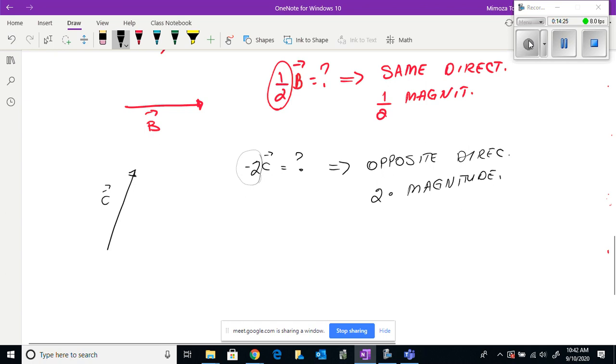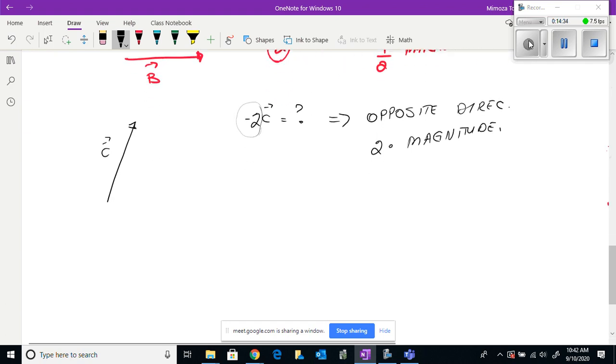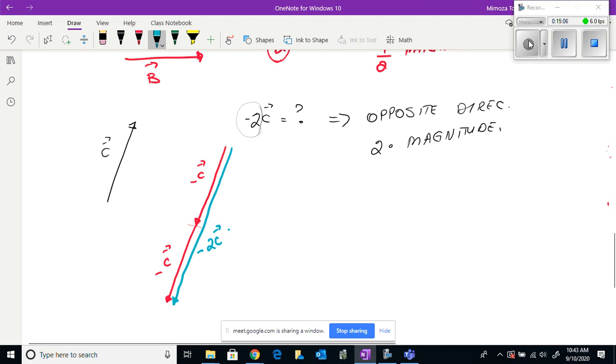How can we represent this in a graph? So if this is C, then negative C will be this way. Same magnitude, but opposite direction. And since we have 2C, then we will have twice. So the whole thing here will be negative 2C.